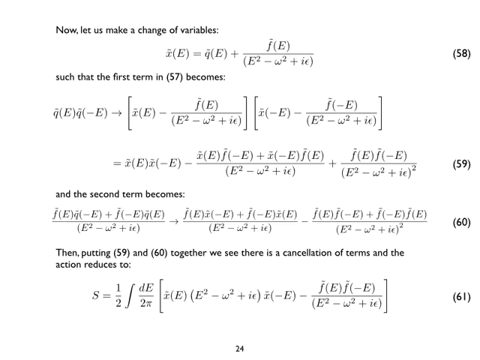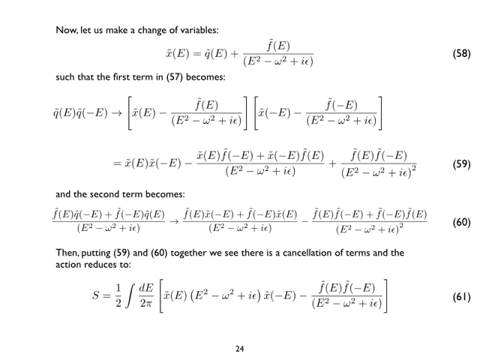Because when I take the q twiddle term and plug in that change of variables, I get a term that goes like x twiddle, the cross terms between x twiddle and f twiddle, and then the f twiddle term.